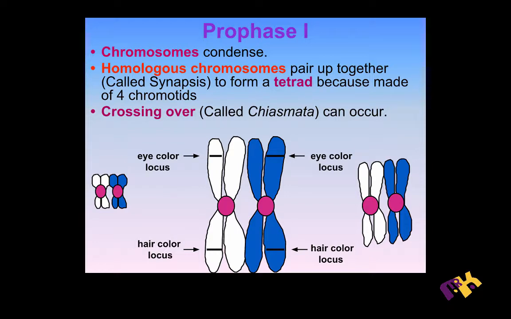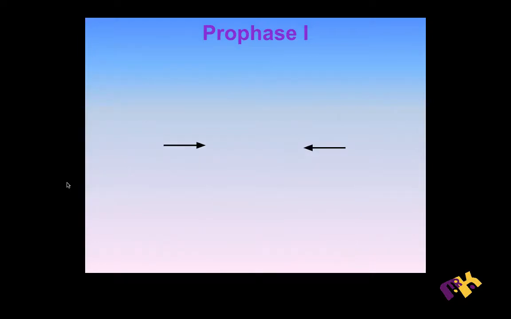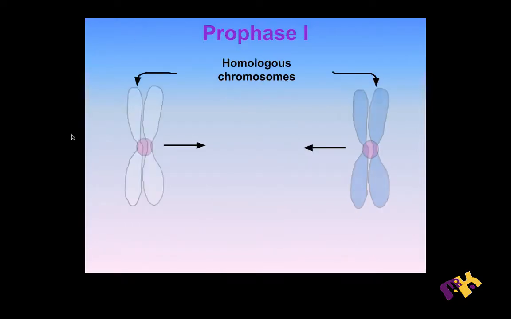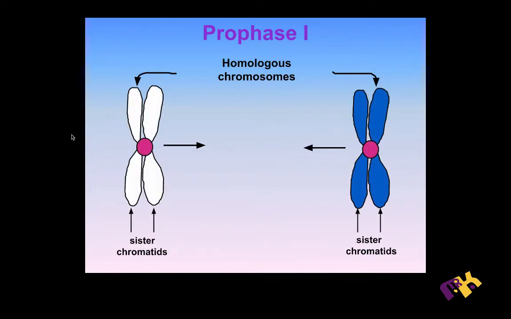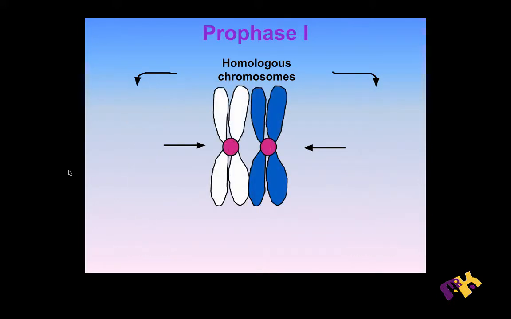Because the coding is very similar in that region, it's easy for them, if they get close to one another, to swap or hot swap each other around. So in prophase, we take our homologous chromosomes with their sister chromatids and move them in close to one another, and that results in the formation of that tetrad.